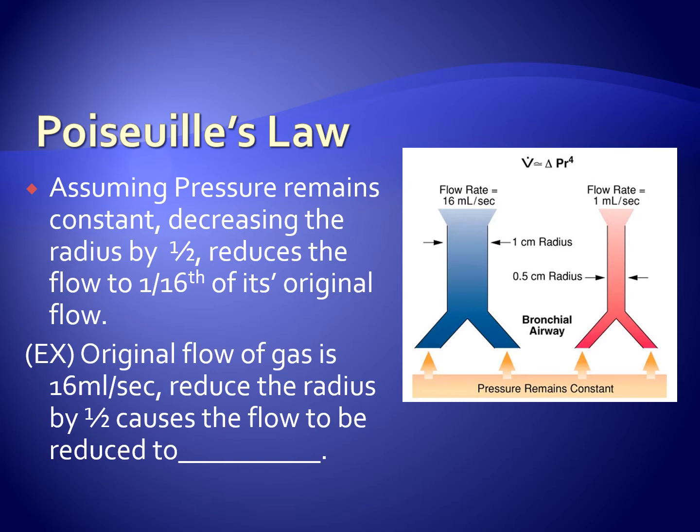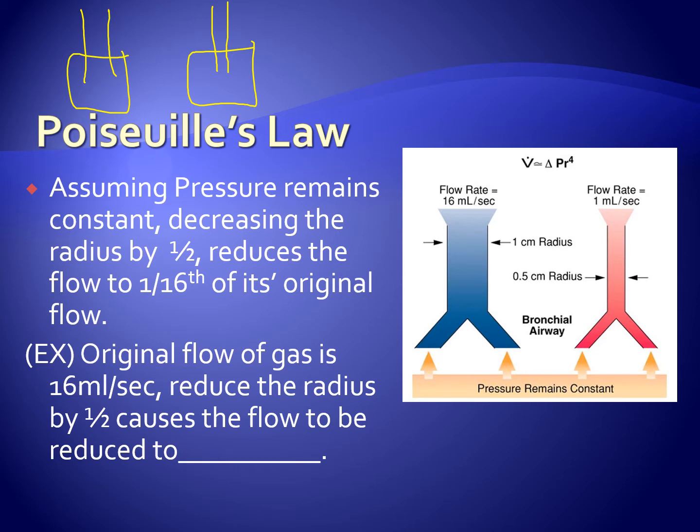So this is sort of an application of what we were just talking about, assuming the pressure remains constant. Here's your milkshake over here and over here. If we're using the same suction pressure, over here I have a giant straw, and over here I have a small straw.